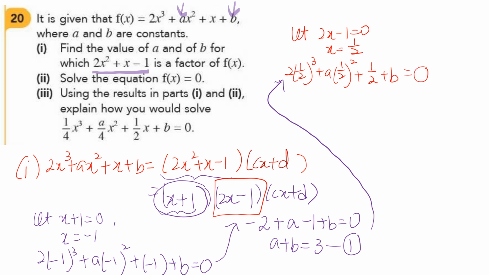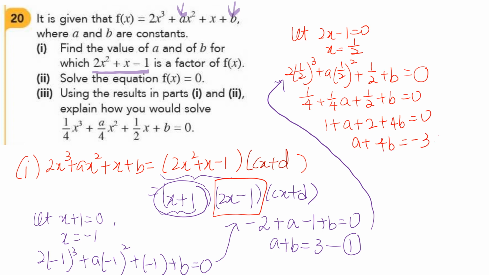If you use a calculator to work this out, it's 1 over 8 times 2, that's 1/4. I'm going to multiply by 4 throughout to get just integers, because I prefer to work with integers. Call this equation 2.